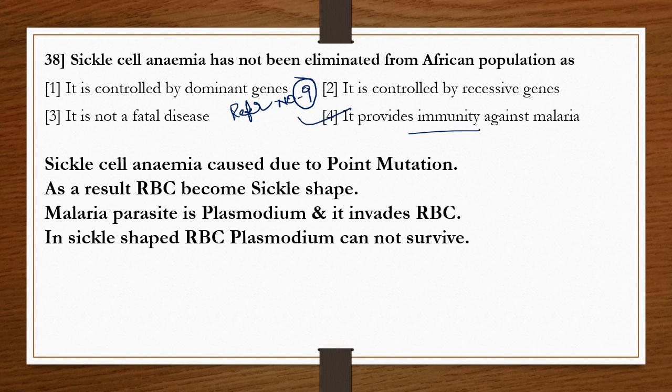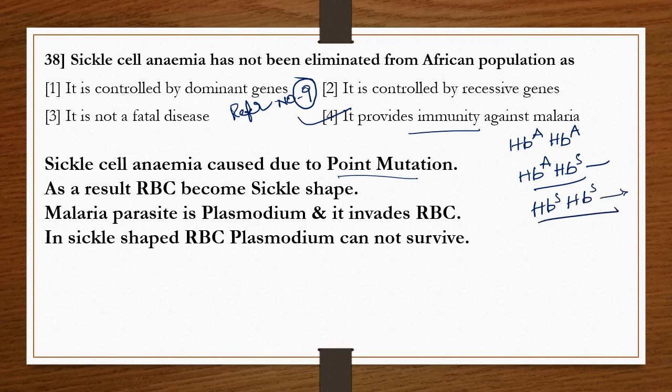Sickle cell anemia is caused due to a point mutation. We already know that HbA HbA is normal hemoglobin, HbA HbS is the carrier, that means carrier gene for sickle cell anemia, and HbS HbS is the sickle cell anemic gene composition.